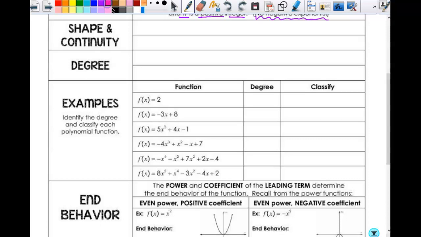Polynomials are smooth curves. It's said that way because it doesn't come to a point at any time. You know how in the absolute value it comes to a point? There's no pointy anything in a polynomial. Everything's smooth.